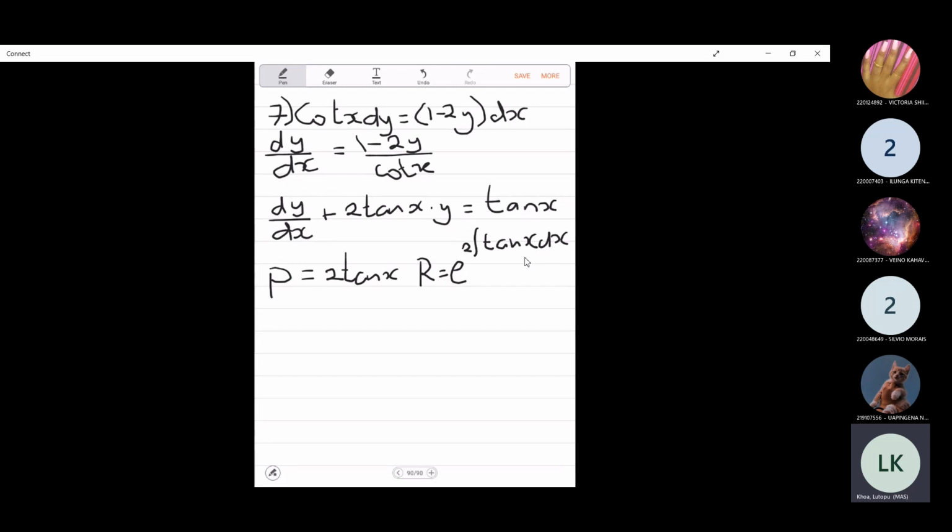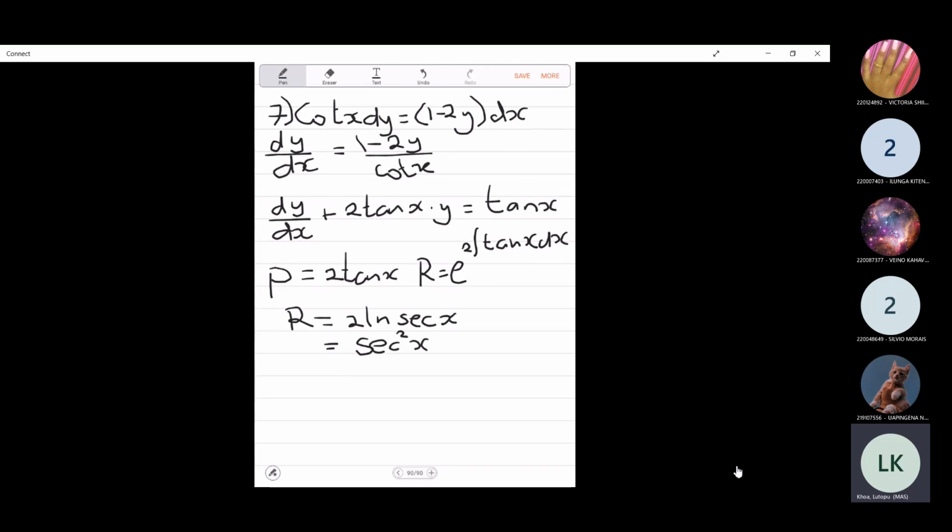We got ln of sec x. So our integral is 2 ln of sec x, which is ln of sec squared x, which is sec squared x.